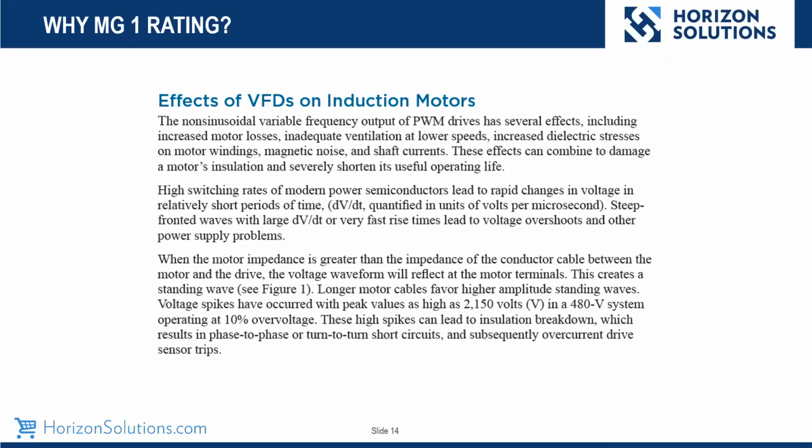With pulse width modulation and some of the effects that happen with these fast switching drives, we have increased motor losses, like Kevin talked about before, with the inadequate ventilation at these lower speeds. A lot of dielectric stress at the windings on the motors, and we have a lot of noise, basically in the shaft currents, and something that we need to pay attention to.